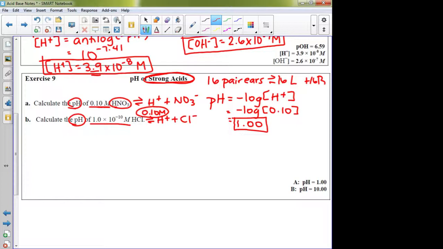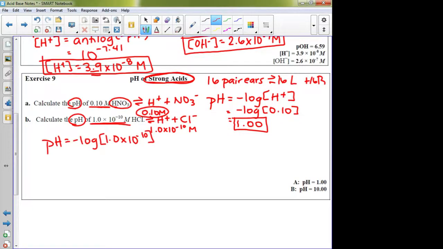Since my concentration of my HCl is 1.0 times 10 to the negative 10th, my concentration of my H+, if it dissociates completely, is 1.0 times 10 to the negative 10th molar. So to find the pH, same equation. pH is equal to the opposite of the log of 1.0 times 10 to the negative 10th.